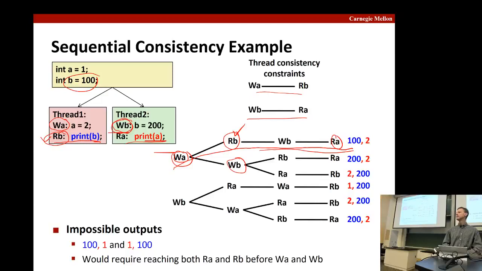Because write A or write B is going to happen first, no matter what, before the read A or read B. You can't get to both these reads, or at least one of these reads, without touching at least one write. So before the first read occurs, at least one of the writes has to have occurred, and therefore you can't get the old values for both things. That's why you don't see any combination where that plays out.